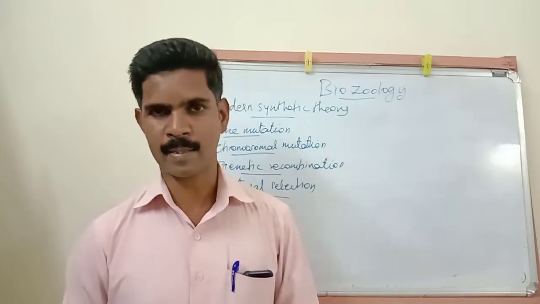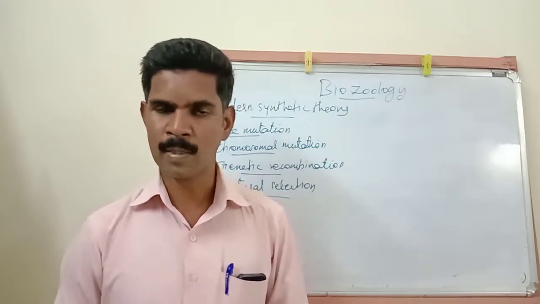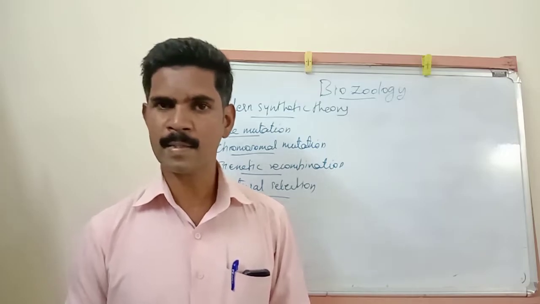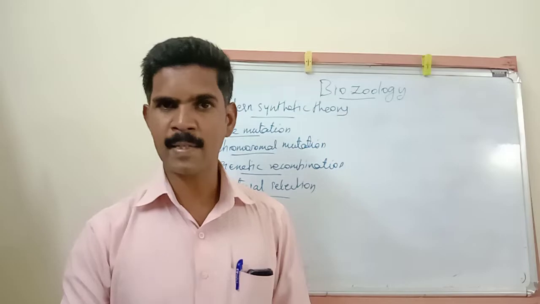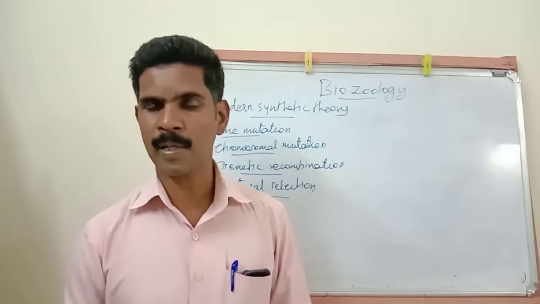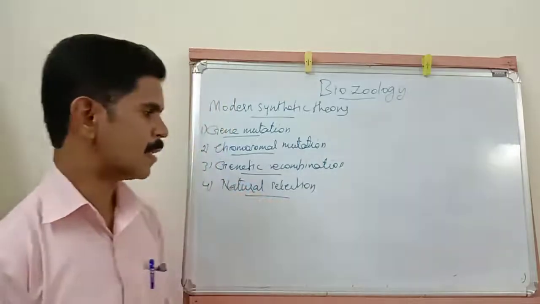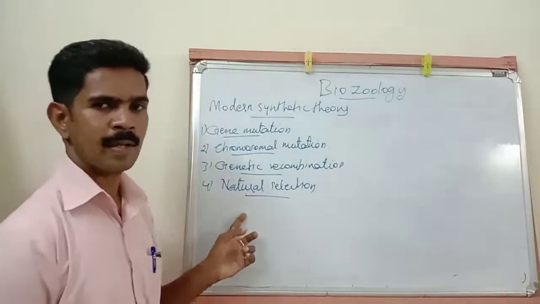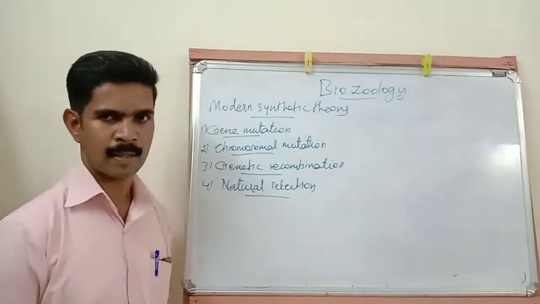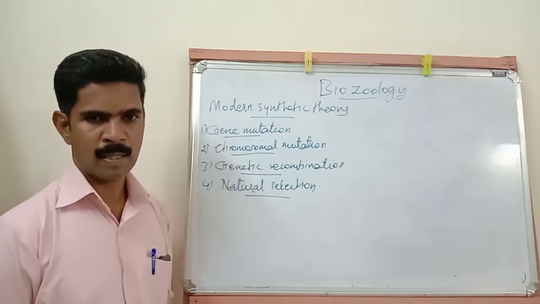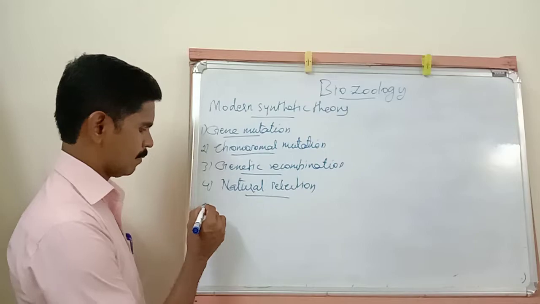So according to this concept, nature will not cause any changes, but once any changes take place, it leads to some variations in the genetics. Understand? So this is the fourth important basic factor of this modern synthetic theory. Then the last one, reproductive isolation.